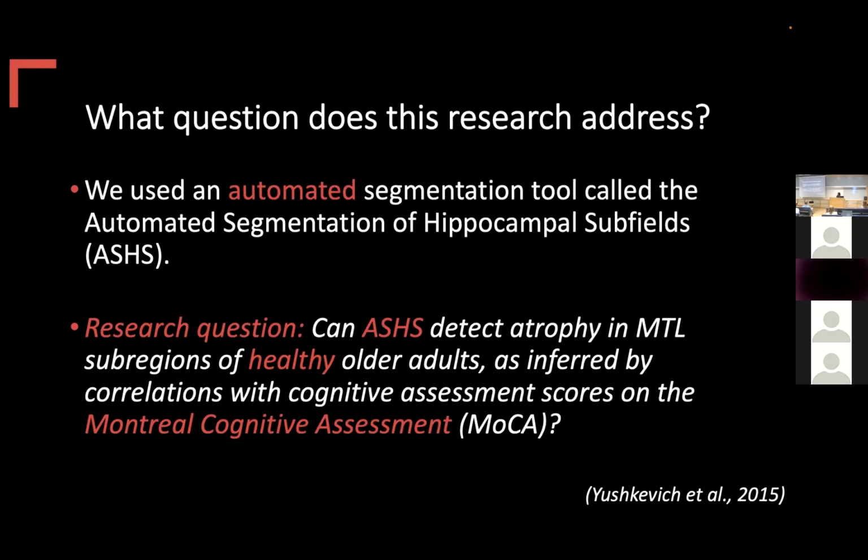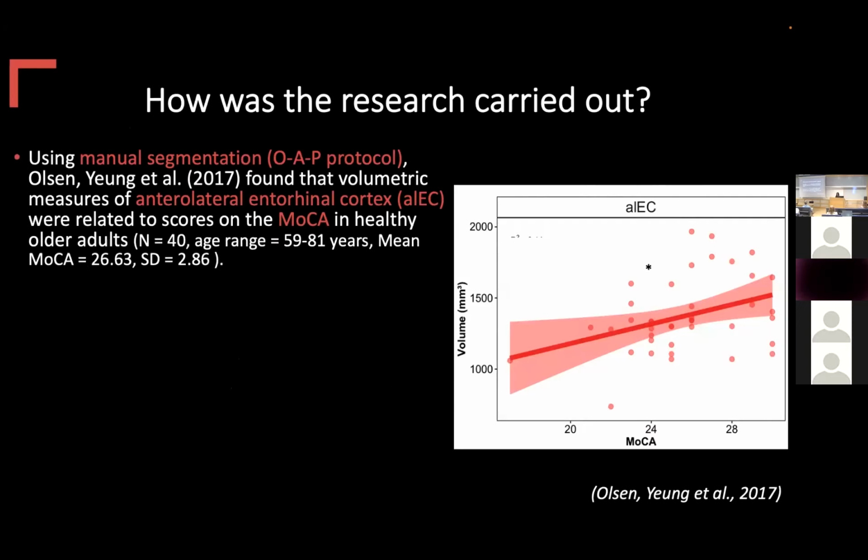So this leads us to our current study where we used a powerful automated segmentation software tool called the Automated Segmentation of Hippocampal Subfields, or ASHES for short, to ask the question of whether ASHES can detect the earliest signs of atrophy in MTL subregions of healthy older adults, as inferred by correlations with scores on the Montreal Cognitive Assessment, or MoCA, which is a dementia screening test.